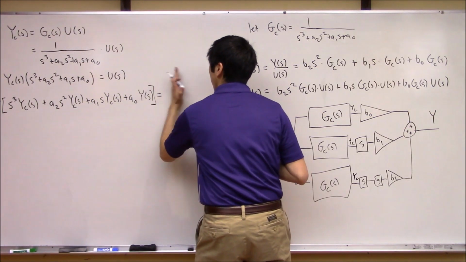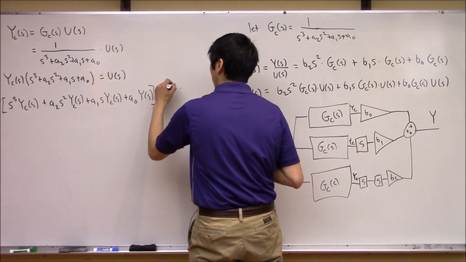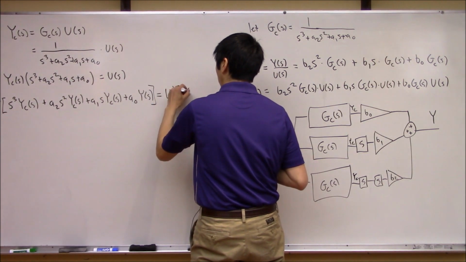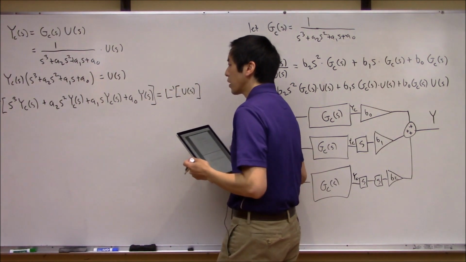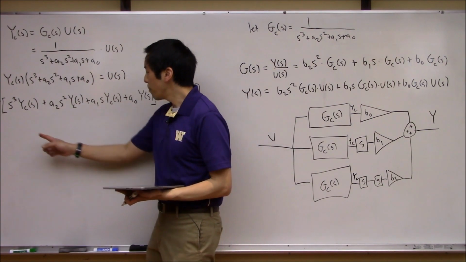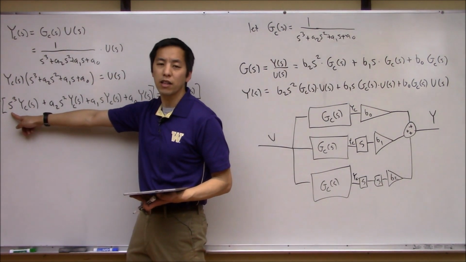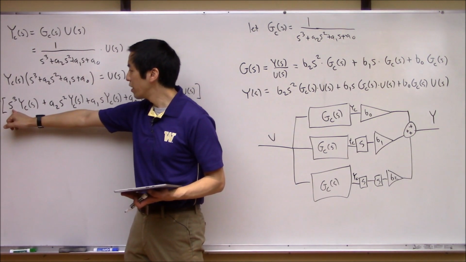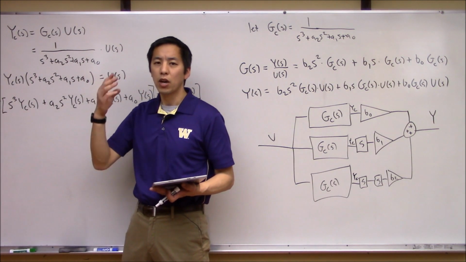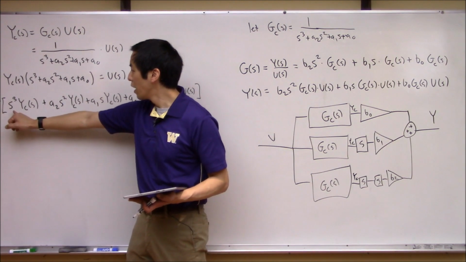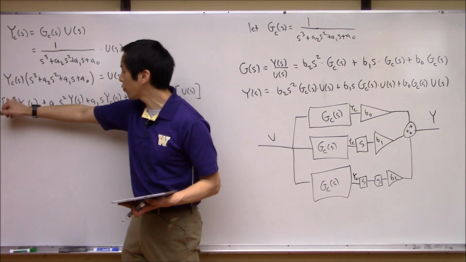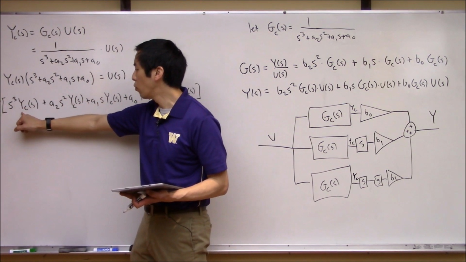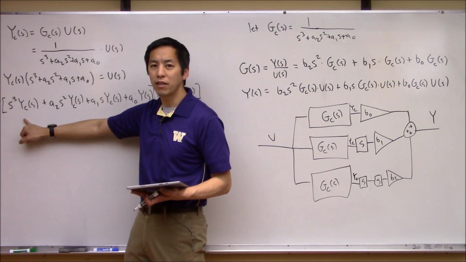And I guess I'm going to have to move this over here. So the inverse Laplace transform of U of S. Now, you remember, anytime you see an S in the Laplace domain, that's a time derivative in the time domain. So this S cubed is really like three time derivatives. The inverse Laplace transform of S cubed YC is just YC triple dot.